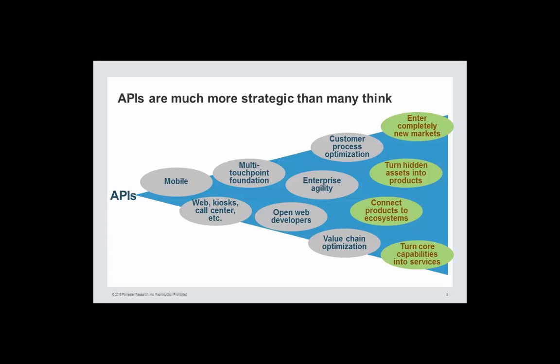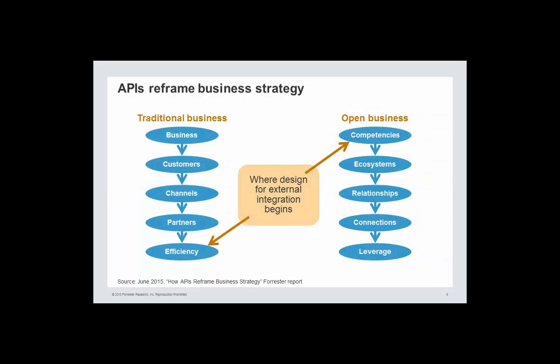So they can turn a hidden asset into a product. And maybe connect products to whole new kinds of ecosystems, or have some core capability, something that you become good at as an organization, that you are then able to sell to new customers, turn into a product, maybe even serve competitors. And we'll get into one of these examples in a minute.